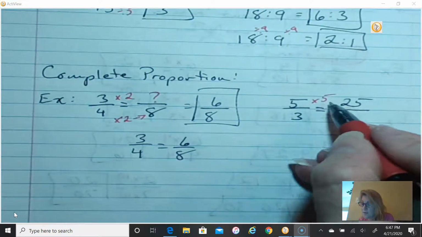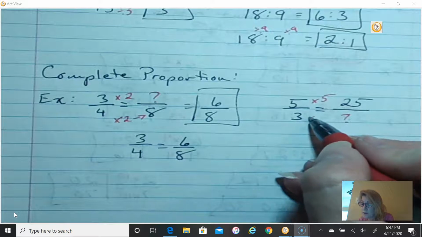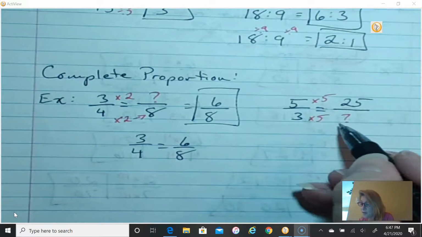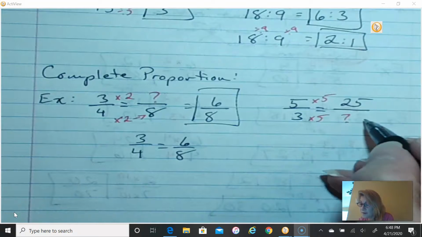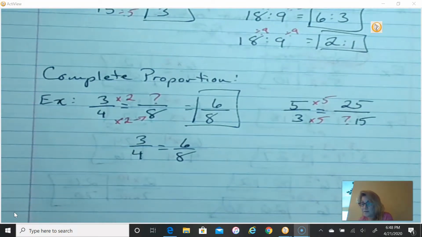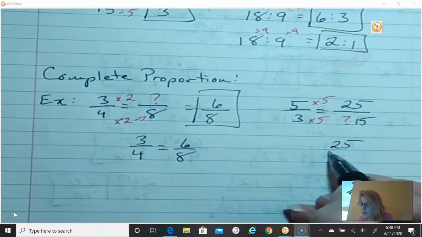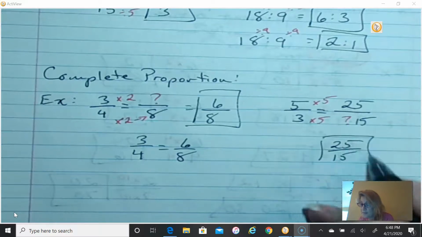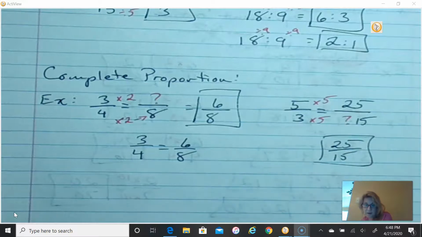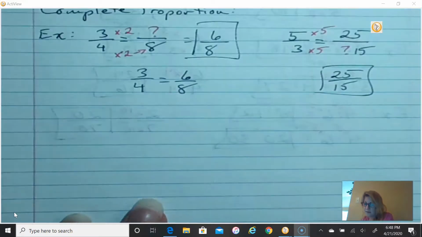So if 5 times 5 gives us 25, then we have to do it down here. So 3 times 5 is 15. So 15 is our missing number. So it'd be 25 to 15. Or you can just write the number in. I don't care. So another.